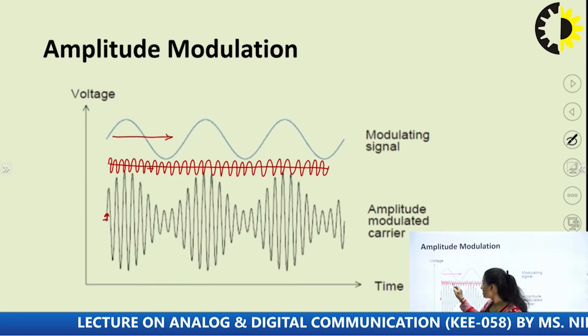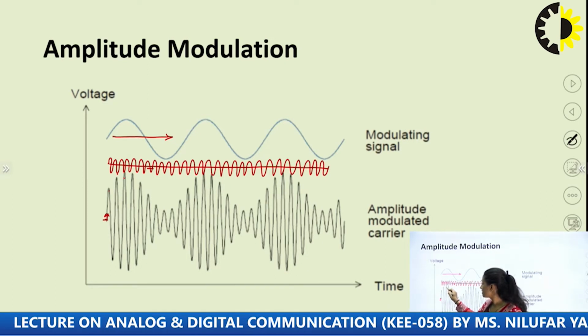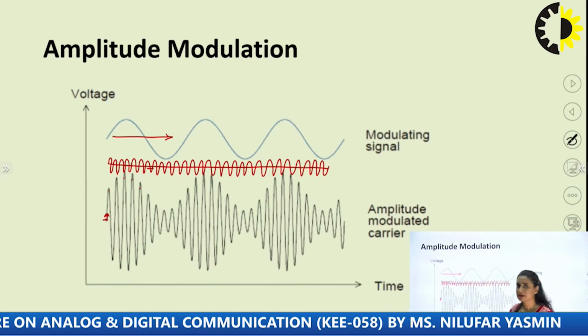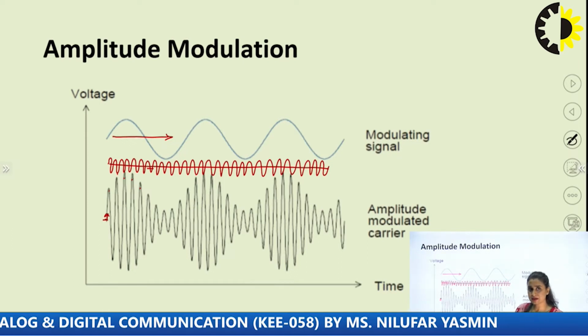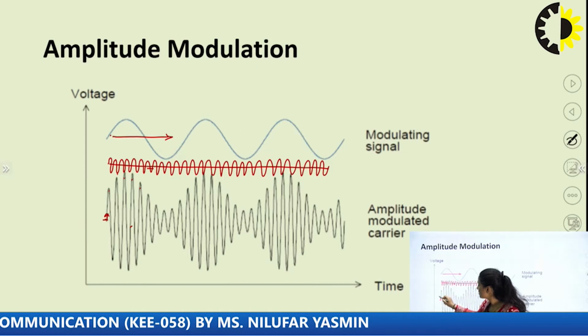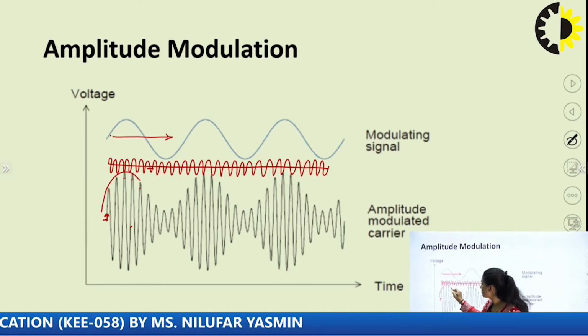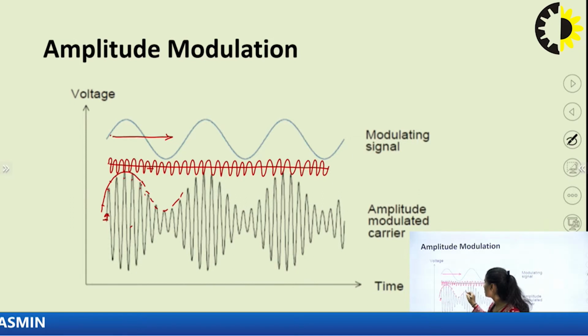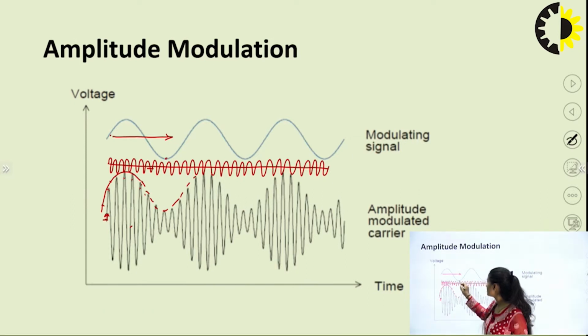Number of cycles per second kept similar, right. So phase and frequency being constant, its amplitude will rise when the message signal rises, and amplitude will fall. I should be drawing it with a dotted line, and the amplitude will fall when it is minimum.